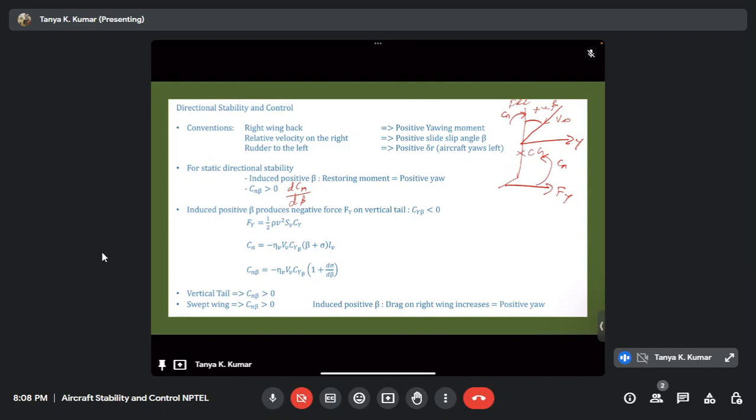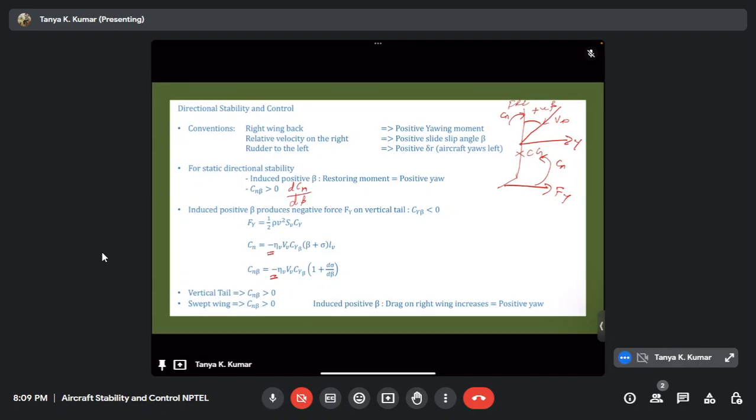Okay, so your Cy beta is negative. And your Cn beta, we require it to be positive. So why is there a negative sign here? Can someone tell me? Negative sign on Cn beta. Why is there a negative sign? We require Cn beta to be positive. So why is there a negative sign?